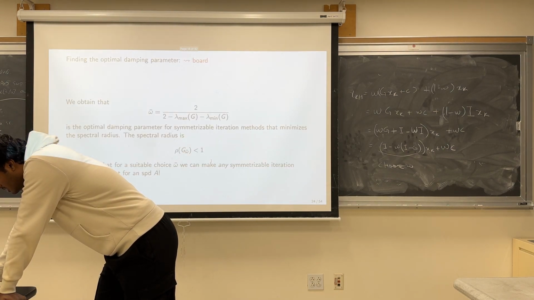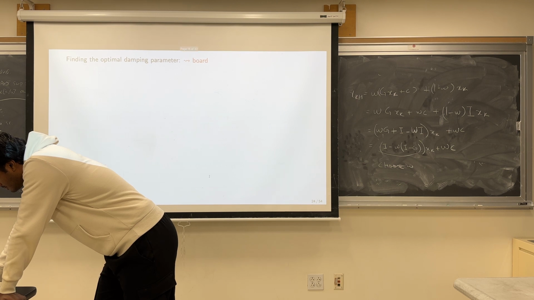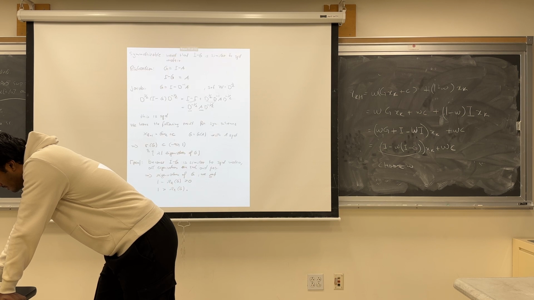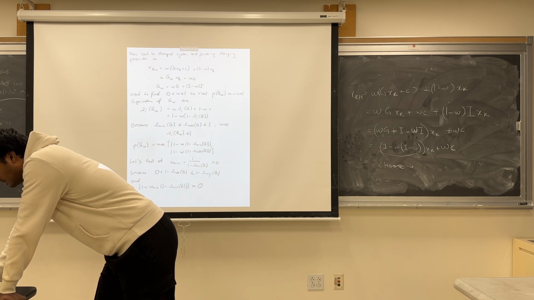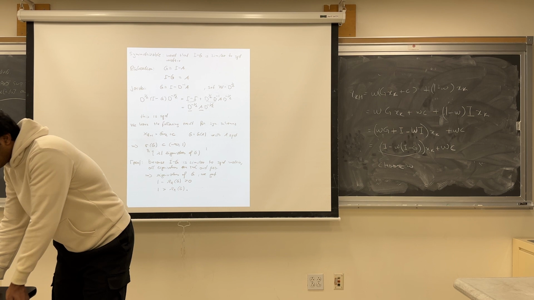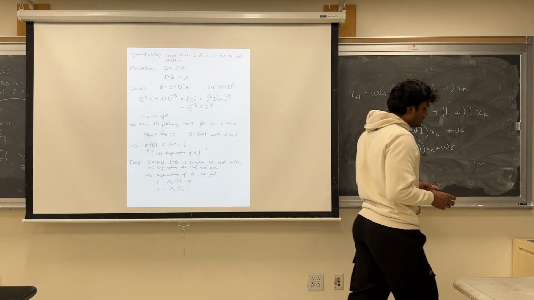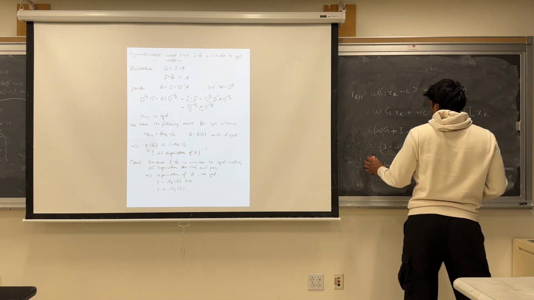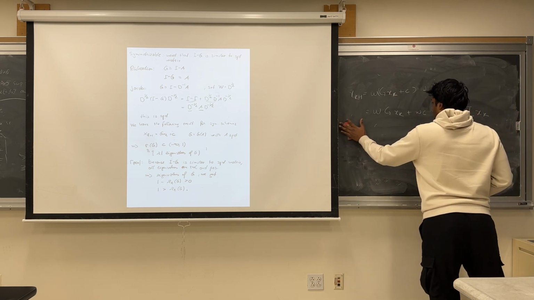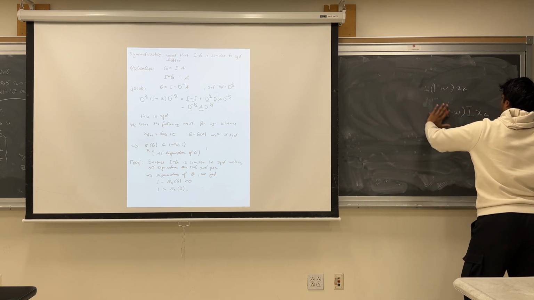The result written here is that we can make any symmetrizable iteration method convergent for SPD A. Why do you need it to be symmetrizable though? That's my question.